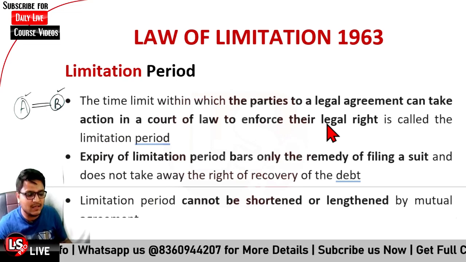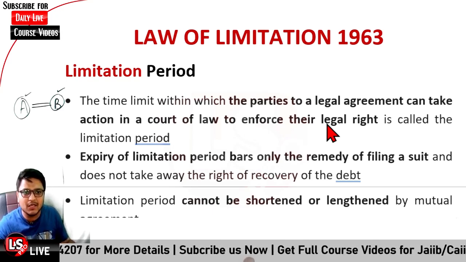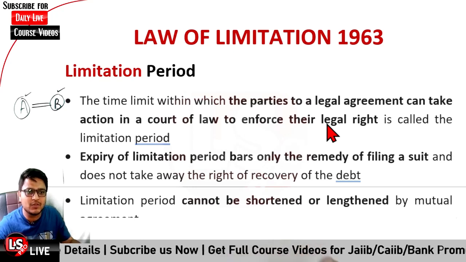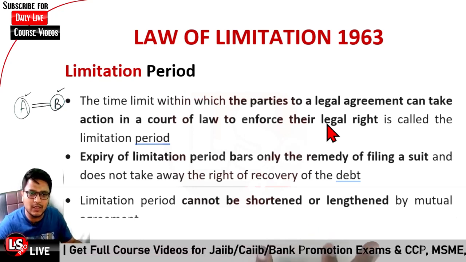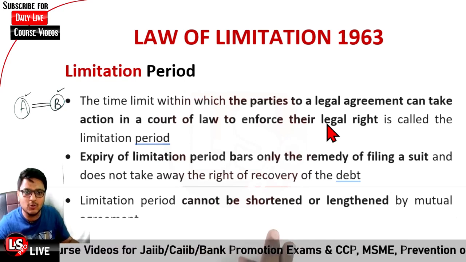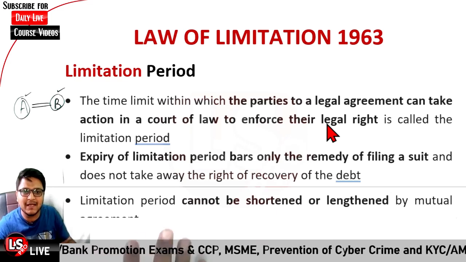Okay, and if the limitation period is expired, the parties are barred only from filing the suit. And further, the right to recover the debt is not taken away by the expiry of limitation.